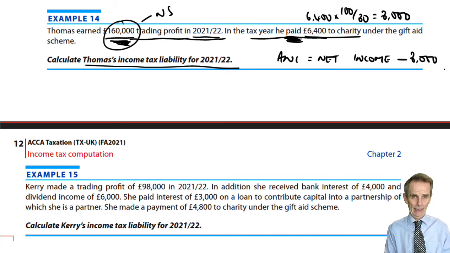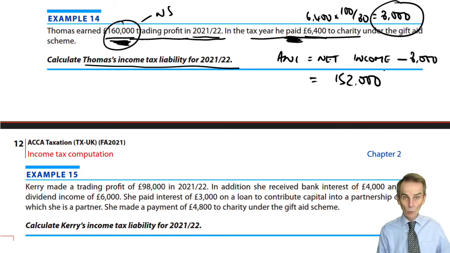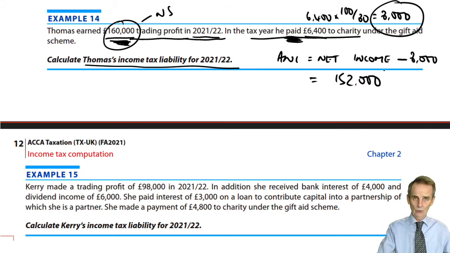There's no personal allowance. What it also means, of course, because you've got an £8,000 gift aid payment, is that given that your taxable income is going to be your trading income of 160 less personal allowance 0, that has been reduced to nil because your adjusted net income at £152,000 was more than 125,140.